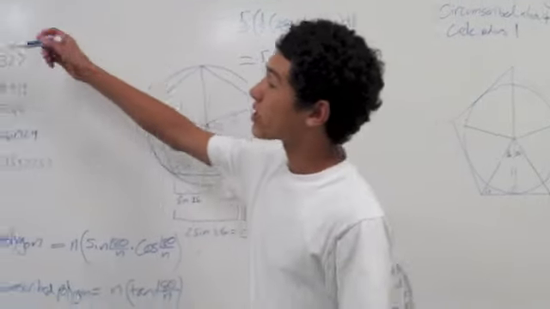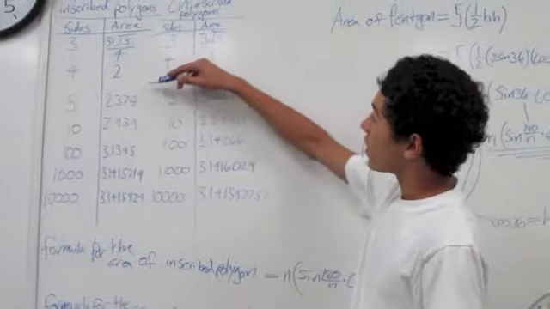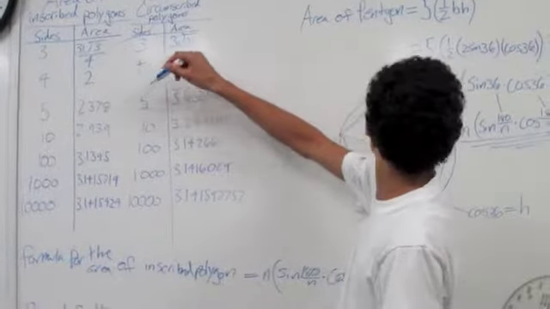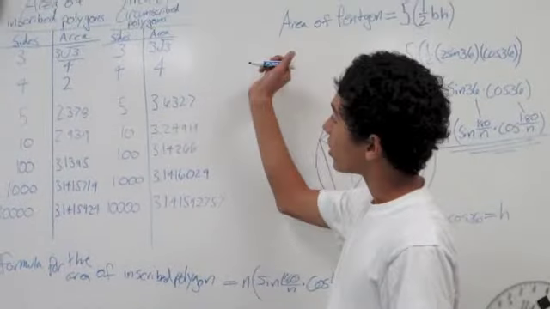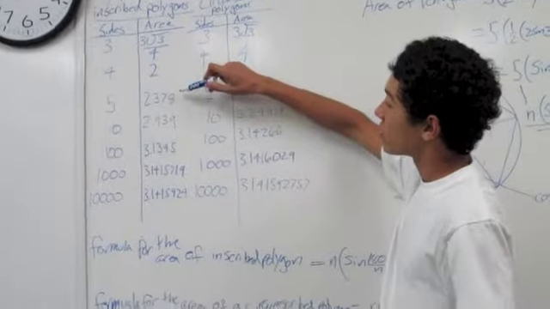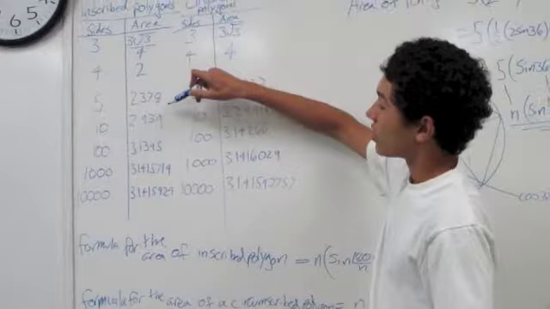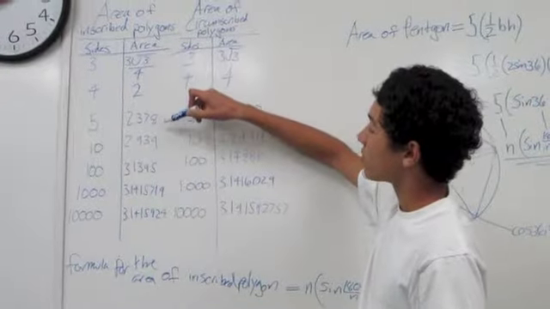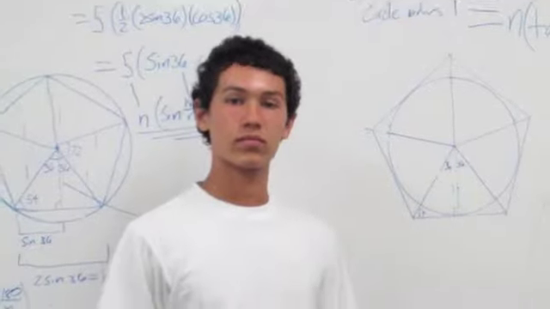And so here you can see, using this formula, we got an area of 2.378 for the area of the inscribed pentagon. And as you can see, it increases gradually. The more sides you have, the closer and closer to pi.